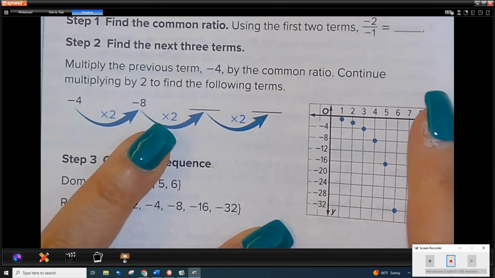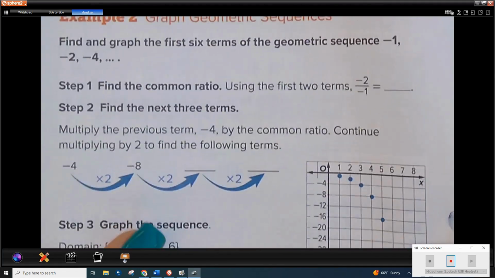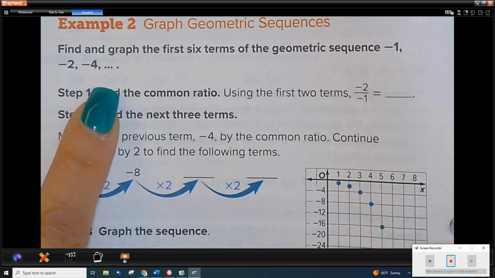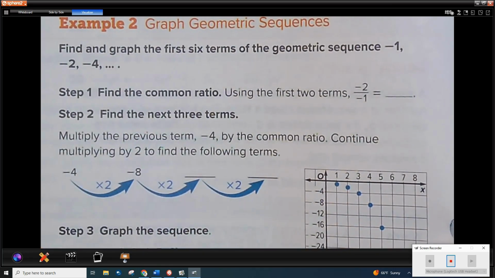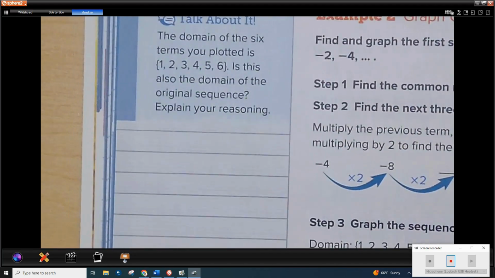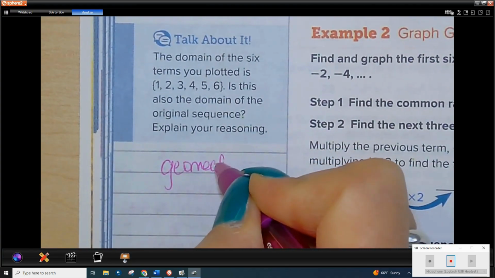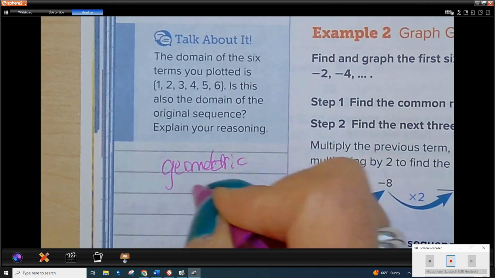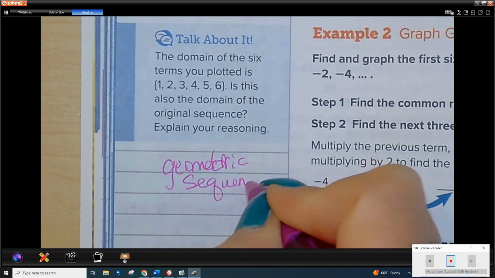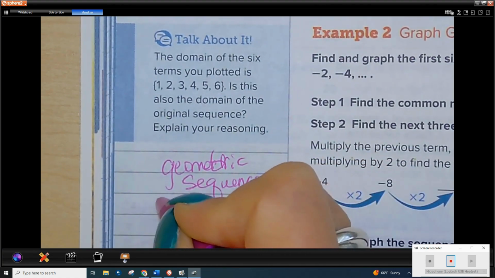Example 2, we want the first 6 terms. So -1, -2, -4. Side note, geometric sequences can alternate signs.